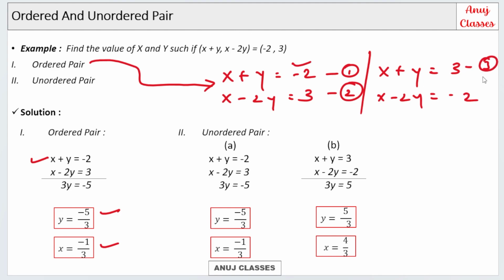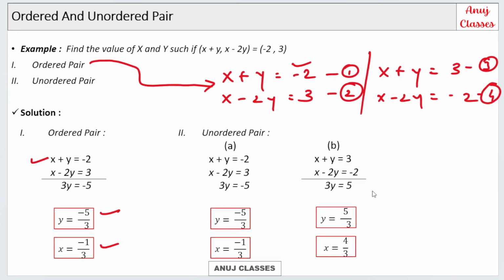This is our equation number 3 and this is our equation number 4. So this is our second case, and in this case we'll have the solution y is equal to 5 by 3, x is equal to 4 by 3.